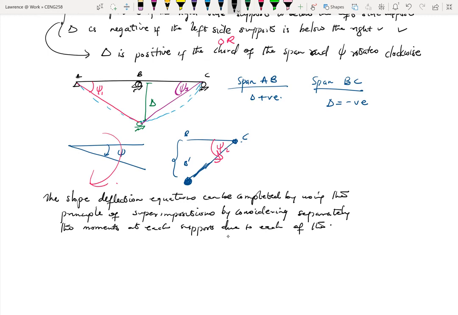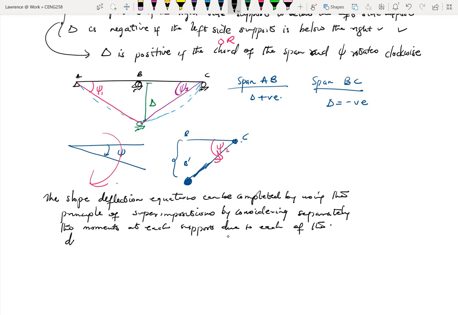So we want to look at how to use the principle of superimposition. Here we're looking at the case whereby the slope deflection equations can be completed by using the principle of superimposition by considering separately the moment at each support due to each of the displacements.